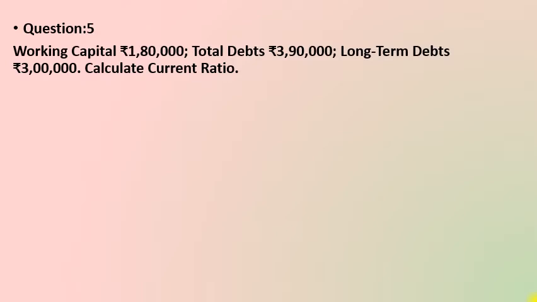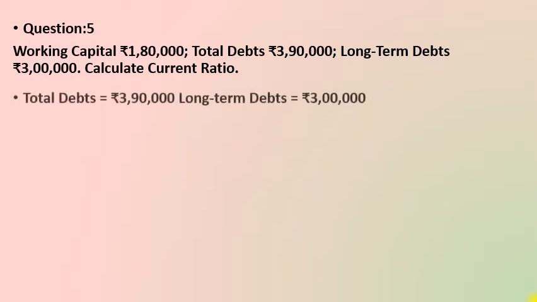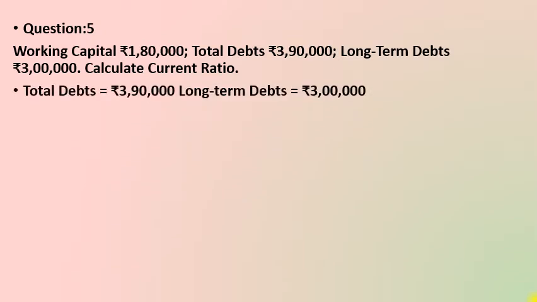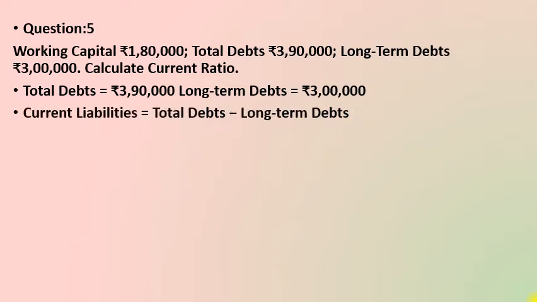In this question, working capital is given as rupees 1,80,000, total debt is given as 3,90,000, and long-term debt is 3 lakhs, and you have to calculate the current ratio. As total debt is 3,90,000 and long-term debt is 3 lakhs, current liability is equal to total debt minus long-term debt, that is 3,90,000 minus 3 lakh, equal to 90,000.